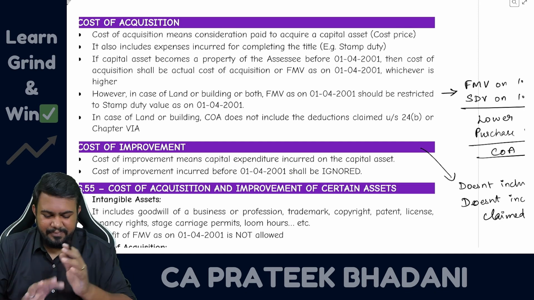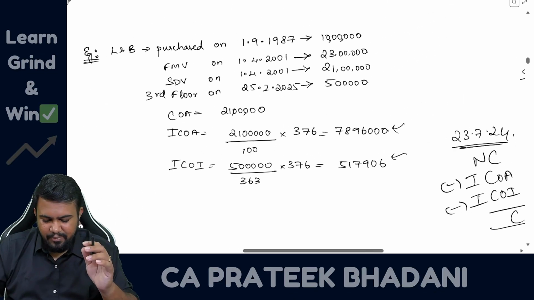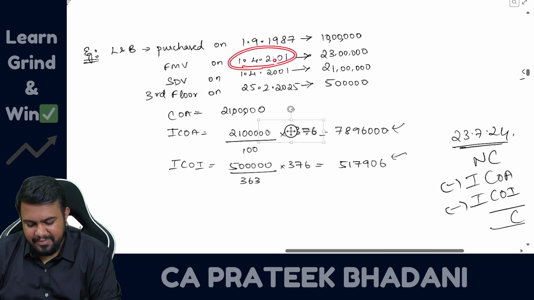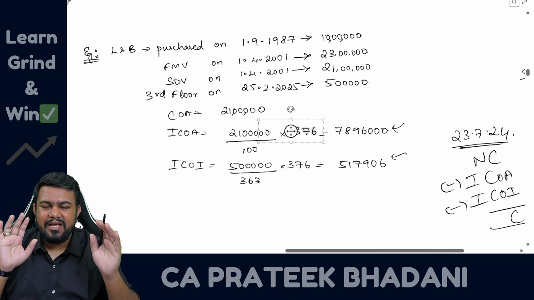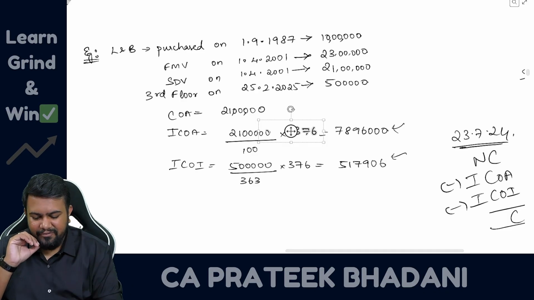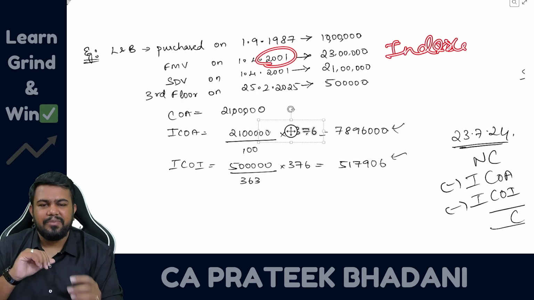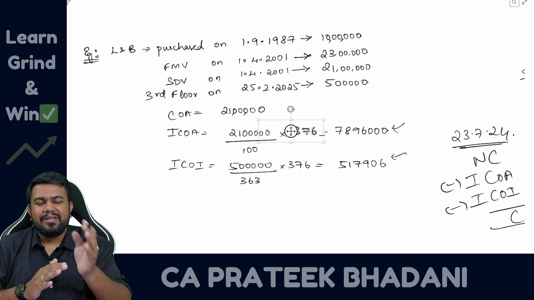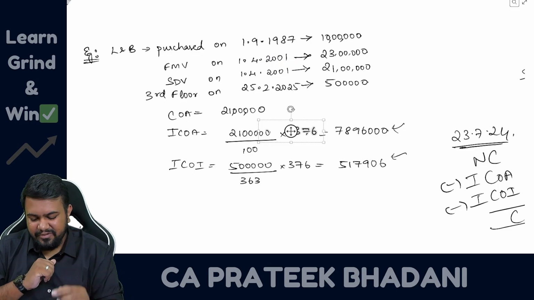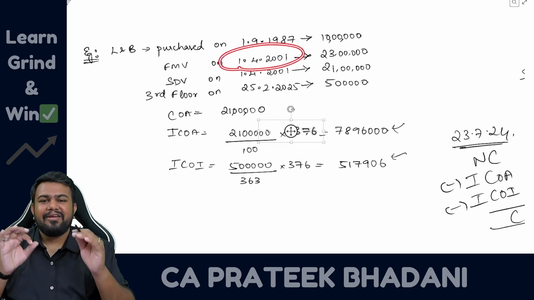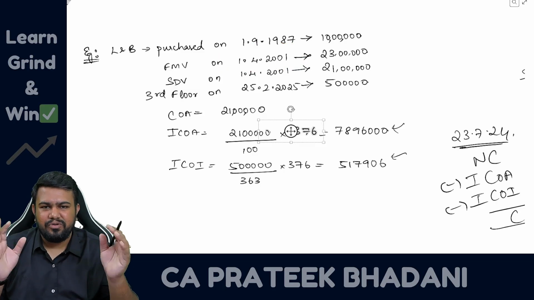You know why this 1/4/2001 concept itself was introduced? It was introduced because from 1/4/2001 only you are having index number, correct? But before that you are not having index number. That is why you have the option to take the fair market value as on 1/4/2001.